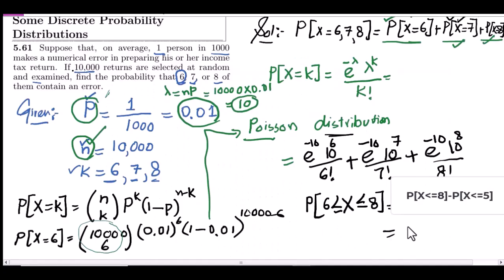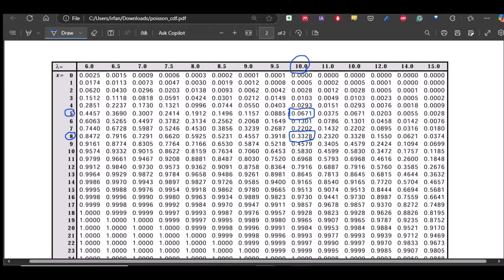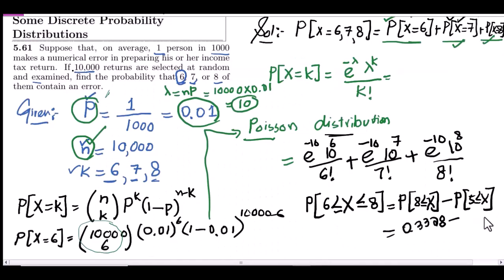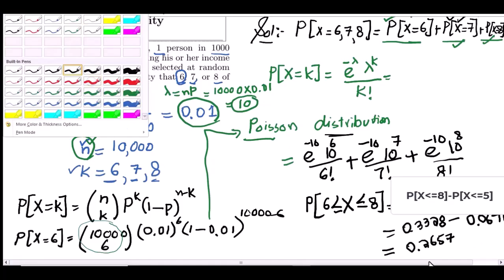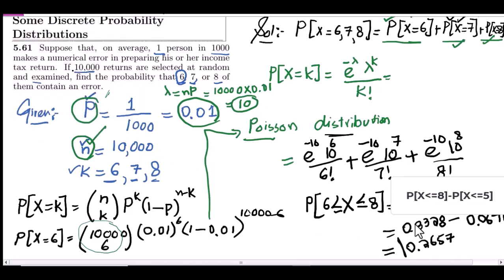So let me put their values: 0.3328 minus 0.0671. Finding the value of it, the answer would be 0.2657, and that is the solution of our question which we wanted to find out.